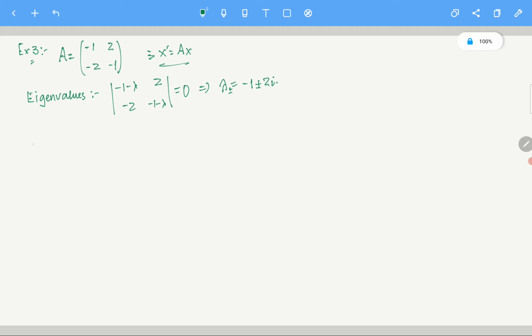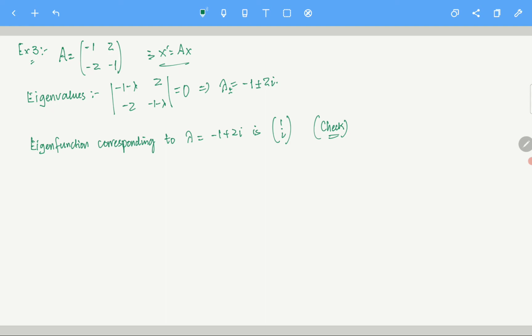Now, what are the eigenvectors? The eigenvector corresponding to lambda equals minus 1 plus 2i is (1, i). Please check this part, whether it is fine or not.